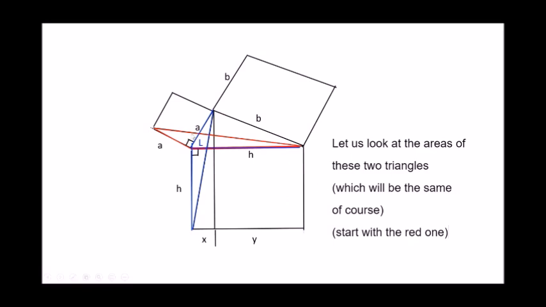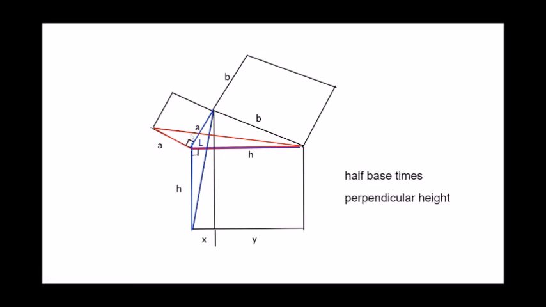Well, let's start with the red triangle. What's the area of the red triangle? Well, remember the formula for the area of a triangle is half the base times its perpendicular height. Let's take the base as being A. Now, what's the perpendicular height? Well, that's the perpendicular, so the perpendicular height is also A. It's not actually all that easy to see here because this triangle is so skewed to the perpendicular.